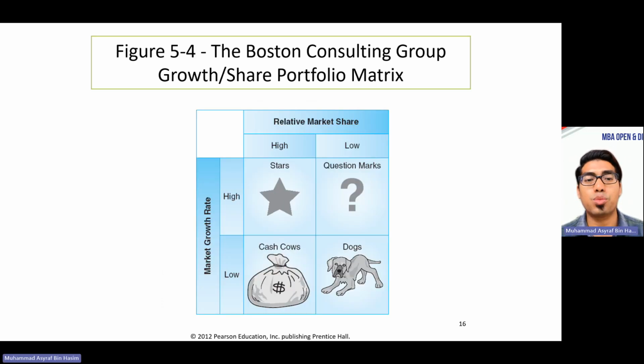Next, we have the Boston Consulting Group BCG matrix.